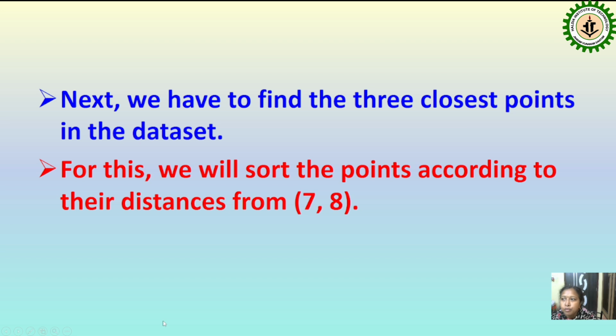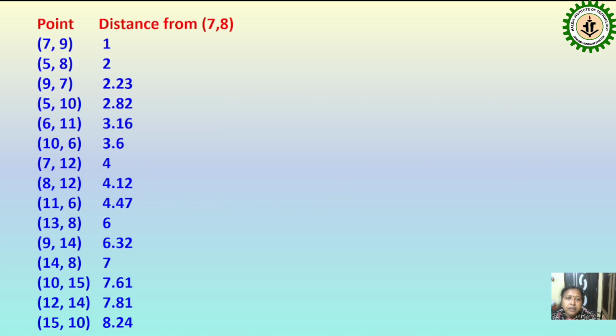Next we have to sort the distances and find the 3 closest points in the data set. Now for this we will sort the points according to their distances from 7, 8. Now after sorting we have this table.